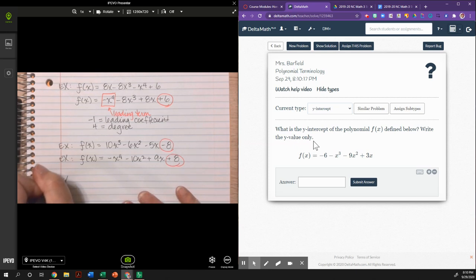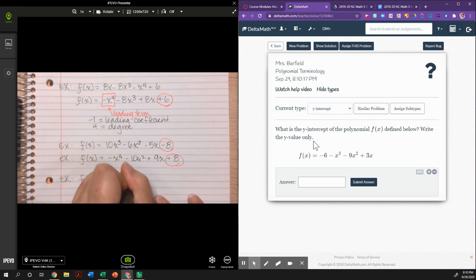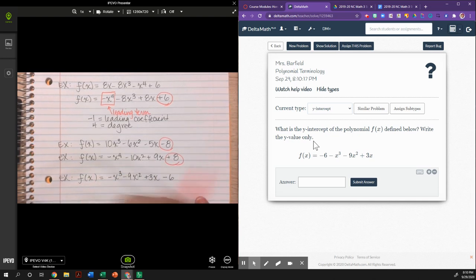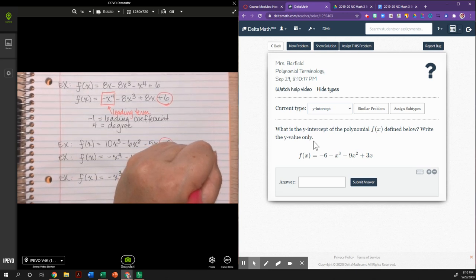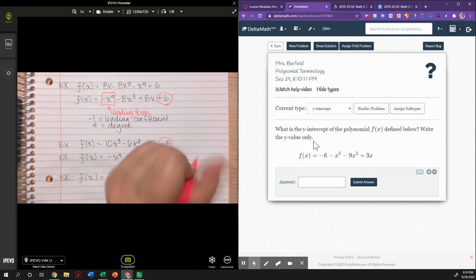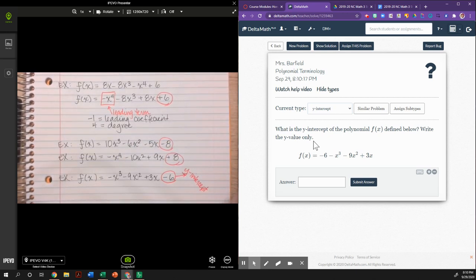Let's talk about that for a minute. f of x equals, I'm going to put it in standard form: negative x to the third is first, minus 9x squared plus 3x minus 6. This right here is my y-intercept. Why do I know that?